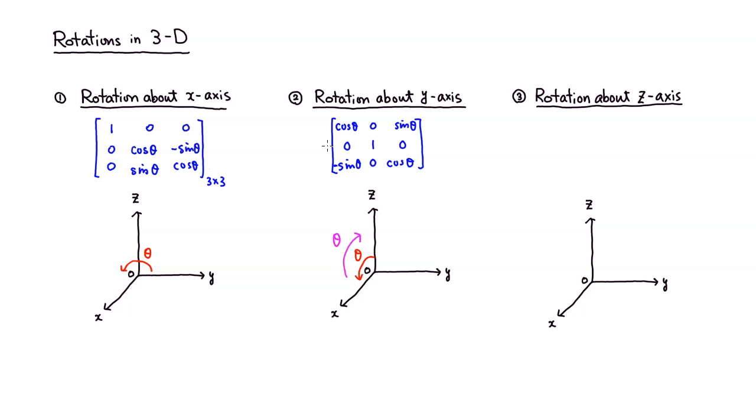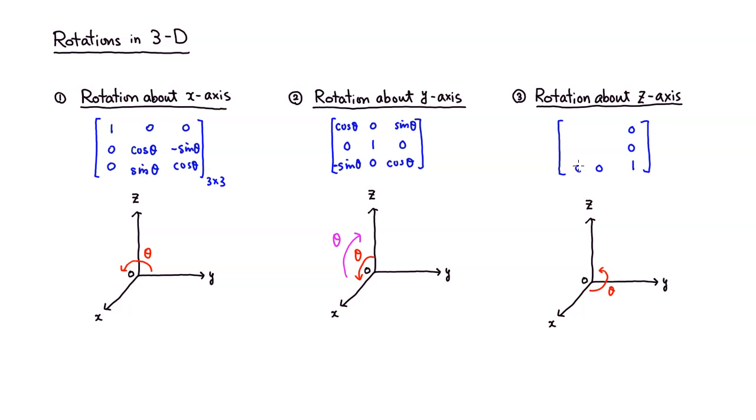Let's do the rotation about the z-axis. This one's probably nice. The z-axis is on top, and we just want to rotate this way, counterclockwise by theta. This one is actually one of the easier ones. Since we don't want anything to happen to the z-axis, you're going to have a 1 for the z-coordinate in the third row, third column, with zeros in the same column and zeros in the same row.